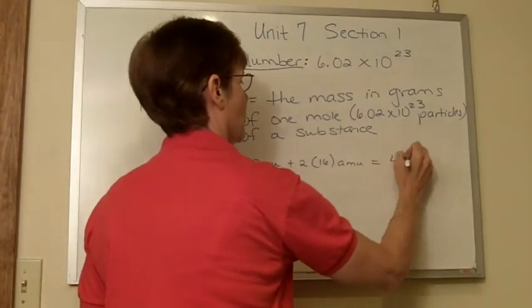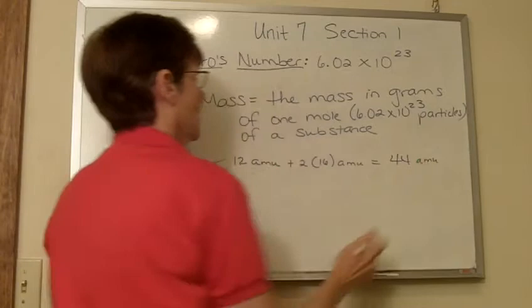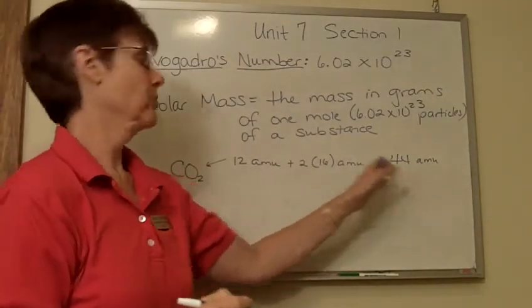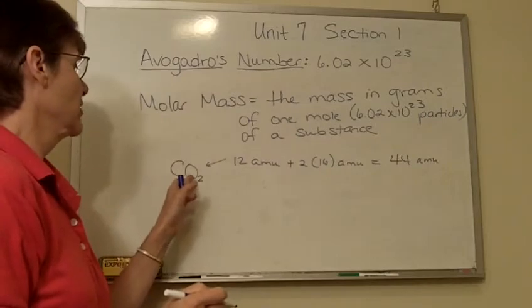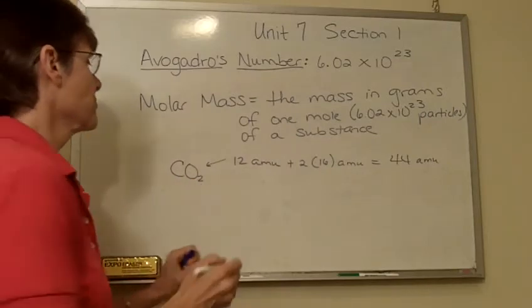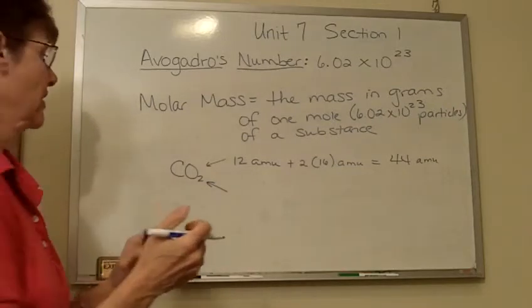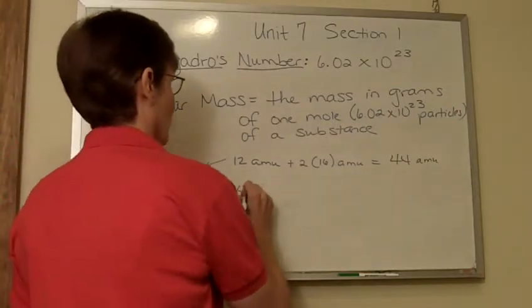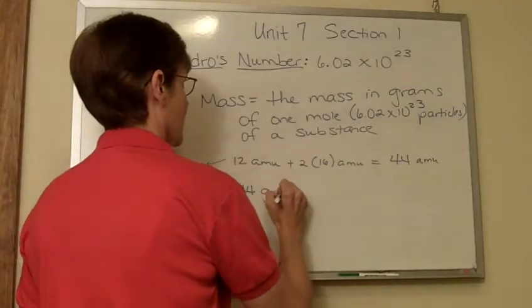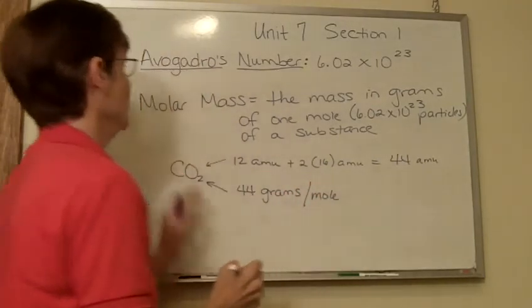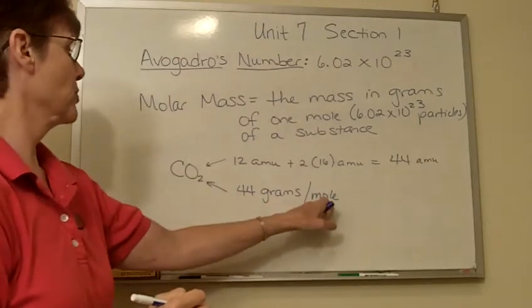And so that's going to be a total of 44 AMUs. 1 molecule of this has a mass of 44 AMUs, 12 in the carbon and 16 in each of the oxygen. Now, if we want to talk about a whole mole of that, then we can say that there's 44 grams per mole. And that's how we do molar mass, the number of grams per mole.